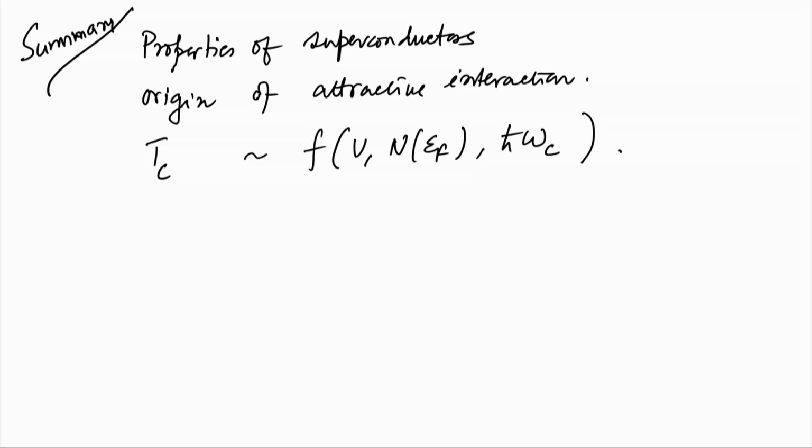For a particular form of this interaction term, that is V_kk' equal to minus V for xi_k minus xi_k' falling in the energy interval ħω_D, we have been able to write down the equation of the gap, and also at finite temperatures the temperature dependence, or rather how T_c, the critical temperature, depends on quantities such as V, the attractive interaction, the density of states, and the phonon frequency, call it omega_D or omega_c.